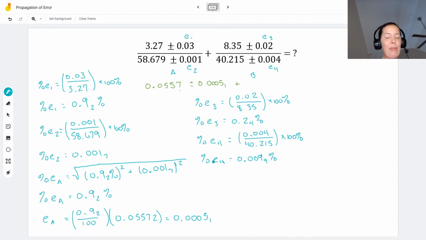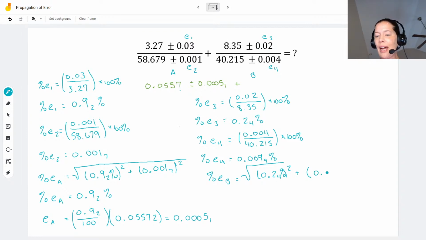Now that I have my percent relative uncertainties, I need to use them to propagate for my multiplication and division. So again, for my percent error for term B, I'm going to have my big square root, and I am just squaring each of these errors. Don't forget the percent, because it's easy to lose track of whether you're dealing with percent relative uncertainty or absolute uncertainty.